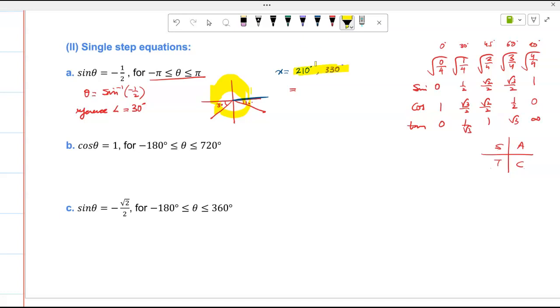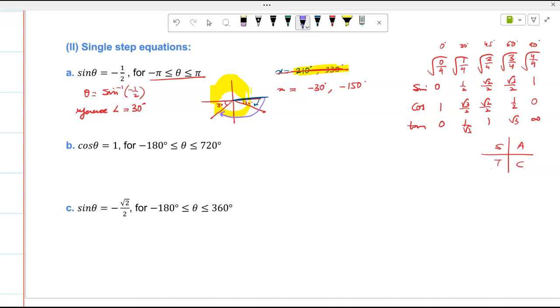So these are not my answers, because my domain is this. So x is minus 30 and minus 150. This is minus 30 and this would be minus 150.